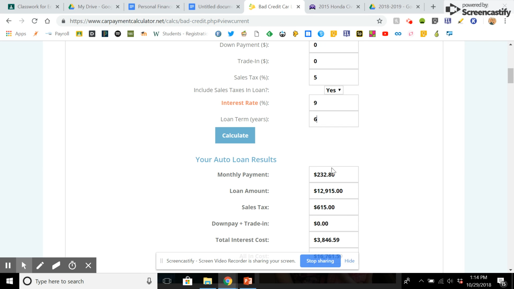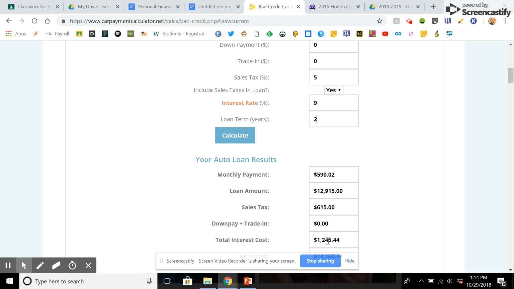Now, here's the downside though. Every single time you make this loan term longer, you increase the amount that you pay in interest. So look, let's say I do it 8 years. Whoa, look how much interest I'm now paying, $5,000. Let's say I only do it for 2 years. Look how much my monthly payment is. They're really high.